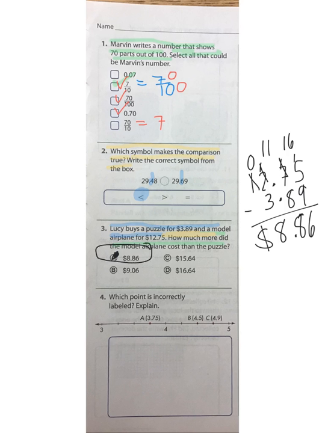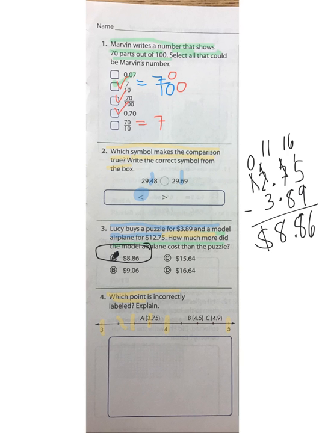Number 4. Which point is labeled incorrectly? Explain. Okay, if I look at this number line, I see that I have 3, I have 4, and I have 5. So in between each number, I can see with this particular line, there's 1, 2, 3 in between, which would be in fourths.